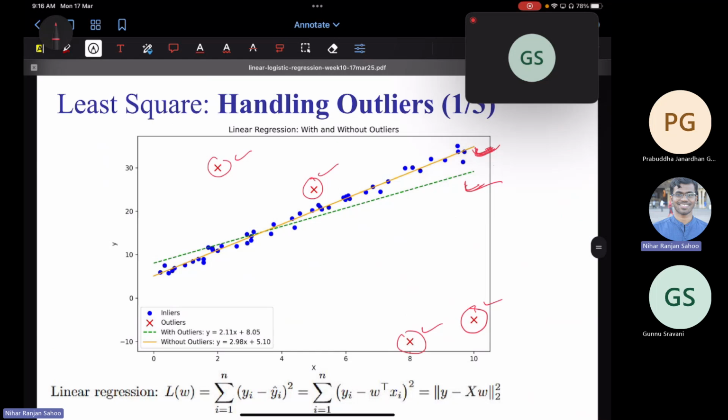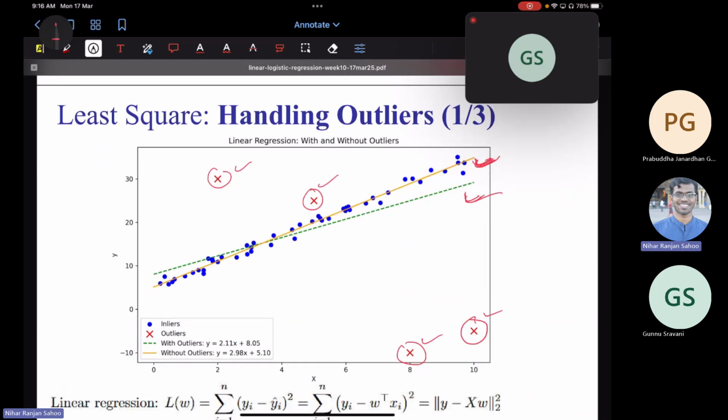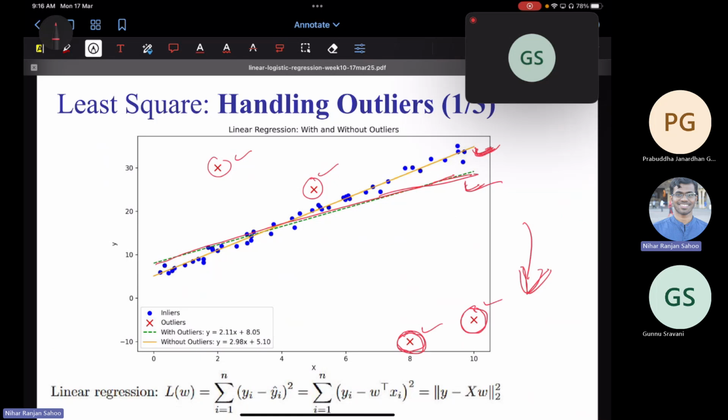Now coming to the point. Because of these very large outliers towards the bottom side of this figure, the hyperplane got shifted towards these large outliers. Why did it get shifted?